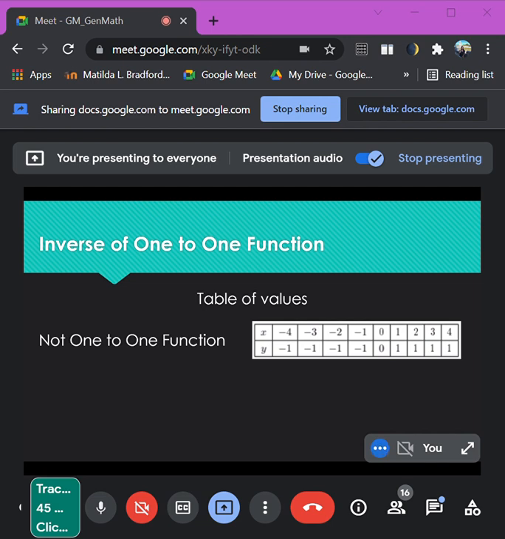Naa ba ni siya inverse? Naay inverse? Wala. Naa, sir. Naa. Di ba naingon man ta ganina?